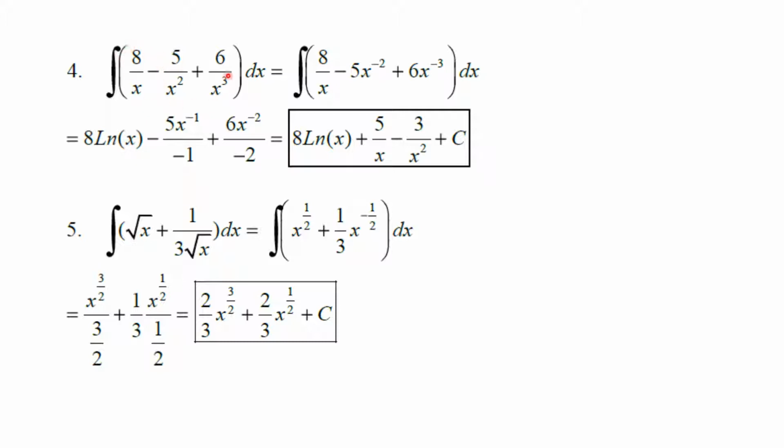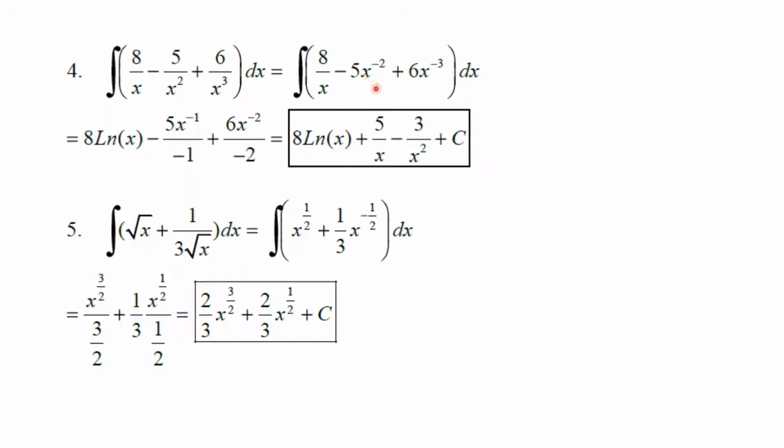Integrating a function such as 8 over x. Okay, this is a rule of thumb. When you integrate 1 over x, you will get ln x. So therefore, integrating 8 over x will result in 8 ln x. And integrating minus 5 over x squared, which can be written as minus 5x to the power of negative 2.